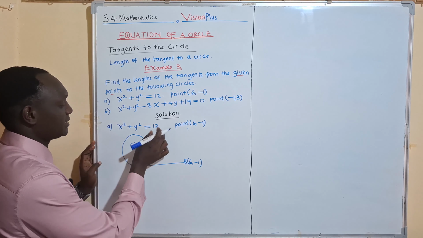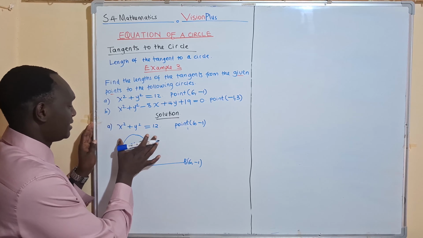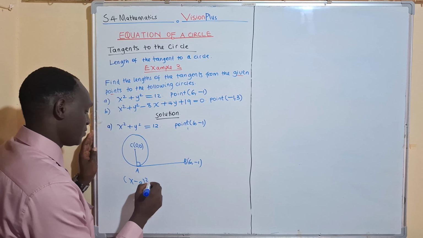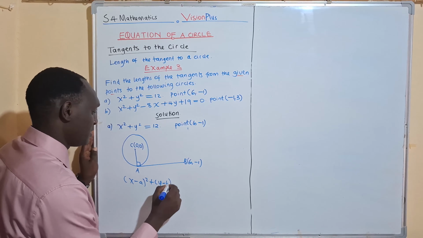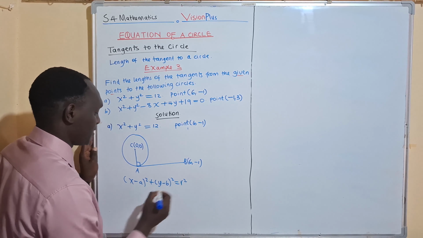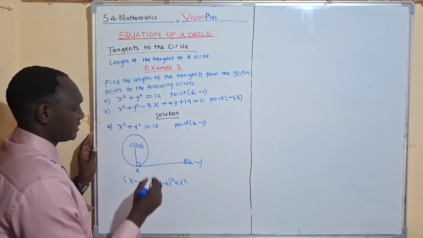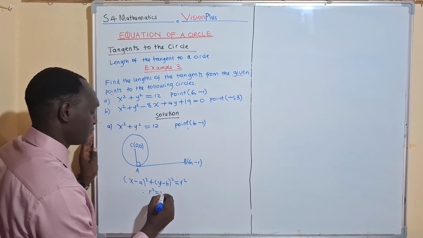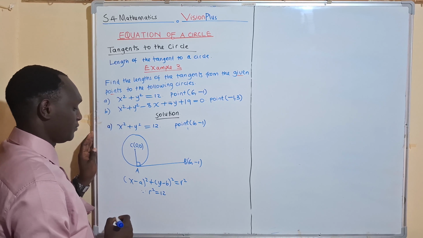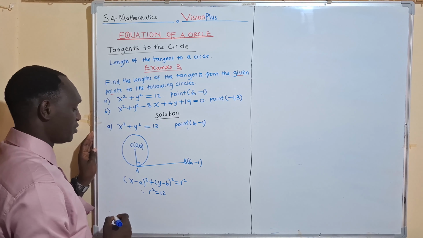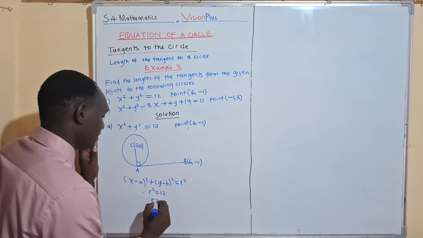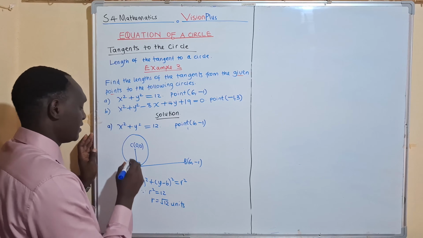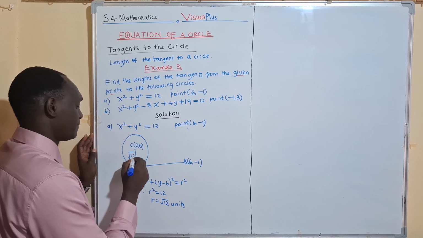If we consider the factorized form, which is x minus a squared plus y minus b squared equals r squared, this implies that r squared equals 12. That means r is root of 12 units. This is our radius, root of 12.